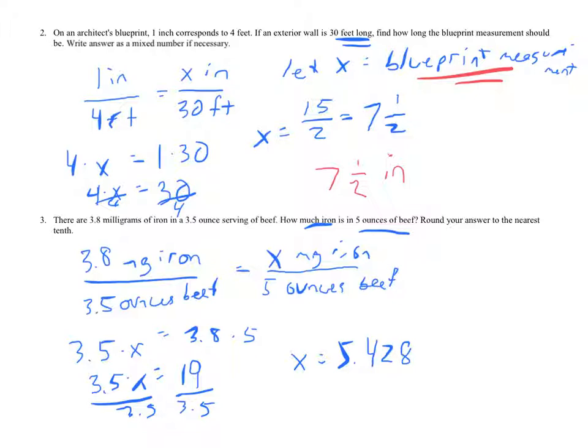It's a repeating decimal. Okay, so the question specifically says to round to the nearest tenth. So we're going to round this for our solution to 5.4. And now our units, coming back from the original setup of this problem, milligrams of iron.